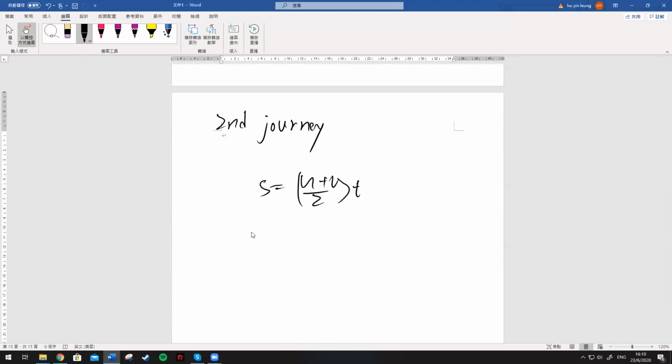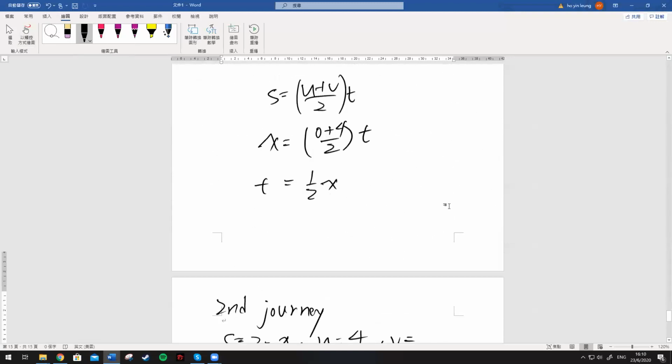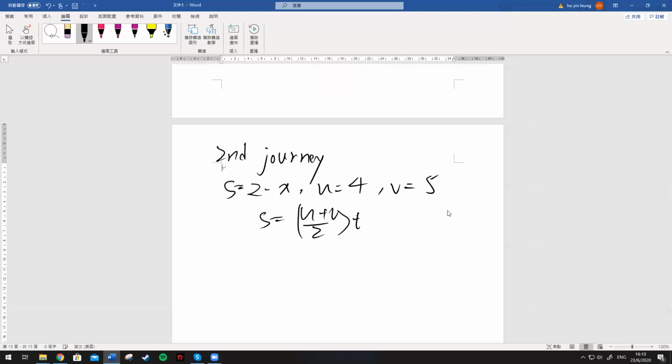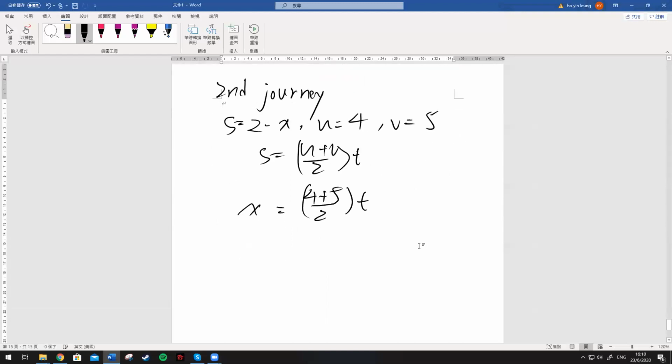So s here is 2 minus x, u is 4, and v is 5. So you get 4 plus 5 over 2, times t, equal to x. For the second journey, the total time should be, this one is 9 over 2, so 2x over 9.